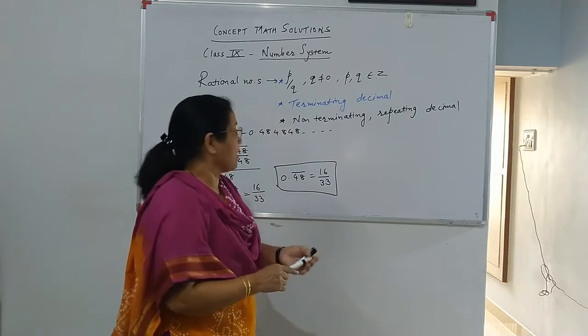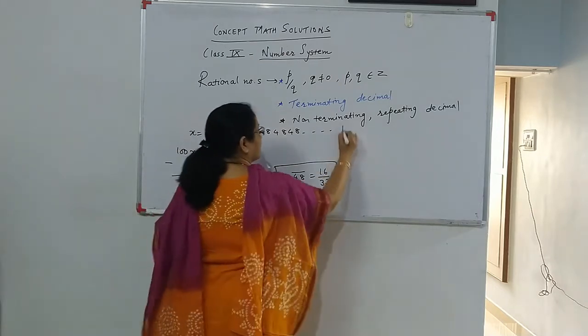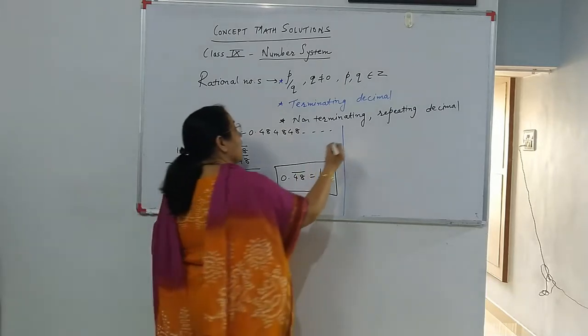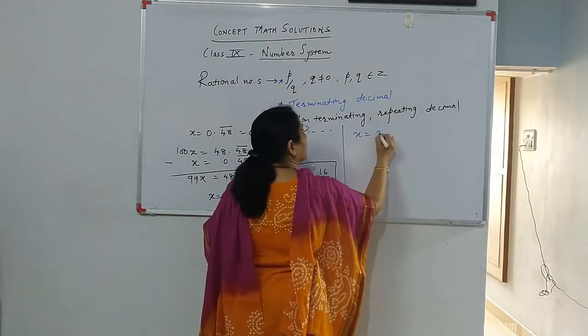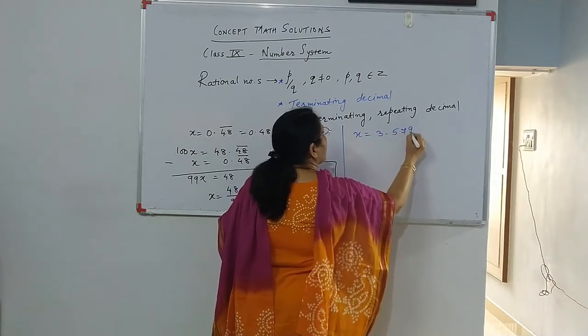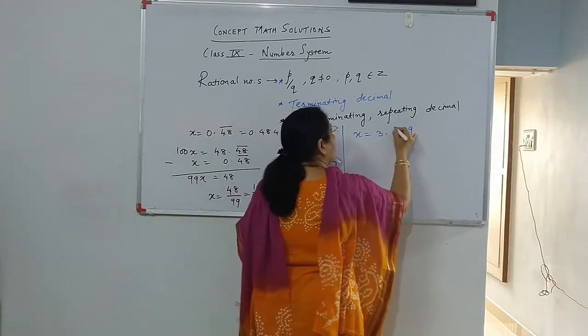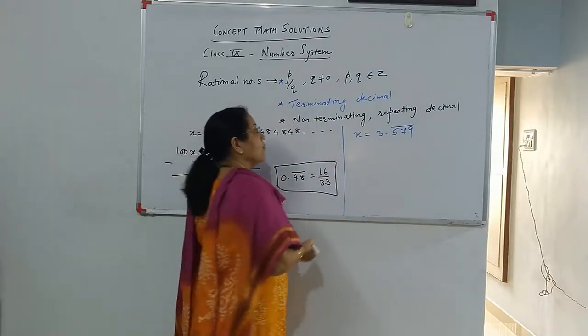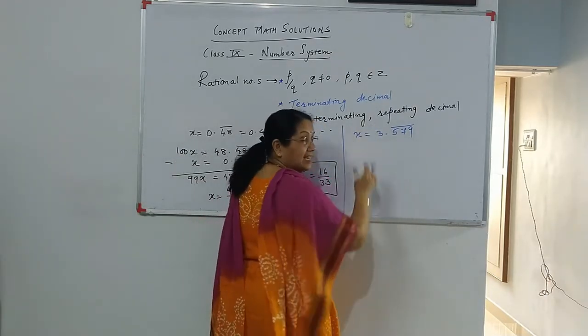I am going to explain one more example of this kind so that you can work on such questions. Say I have one more number, 3.579 with a bar on 579. Now we know there are 3 digits under the bar.